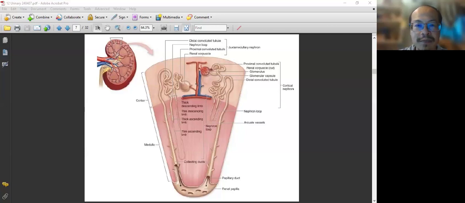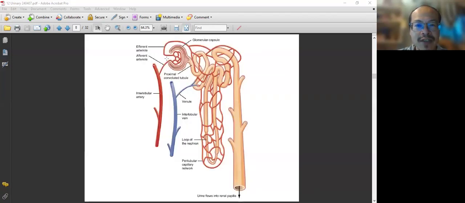One is the glomerulus, the other one is the peritubular capillary. So it's right here, glomerulus and the peritubular capillary. They serve different functions. Capillary is the place where we have substance exchange. So we have different types of substance exchange in the glomerulus as well as in the peritubular capillary.